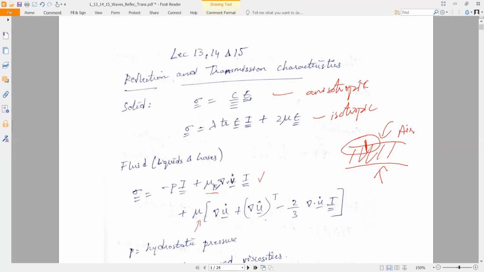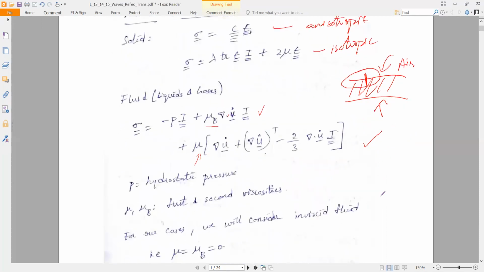Mu b is the second viscosity, mu is the first viscosity. So we will for now take this as granted. Those of you who are interested can pick up any advanced book on fluids. This is the corresponding constitutive relation.